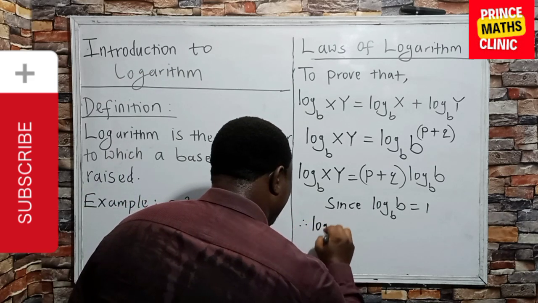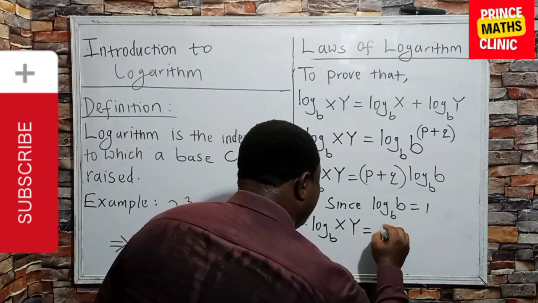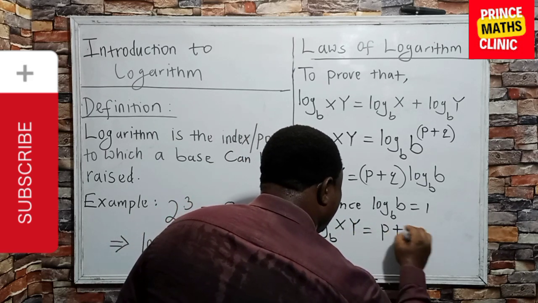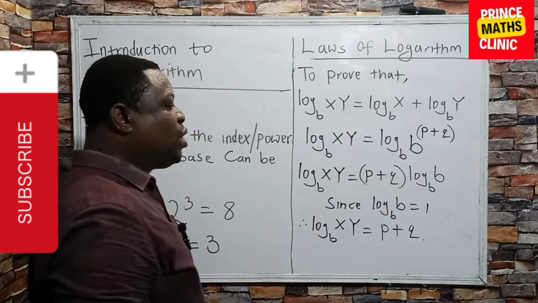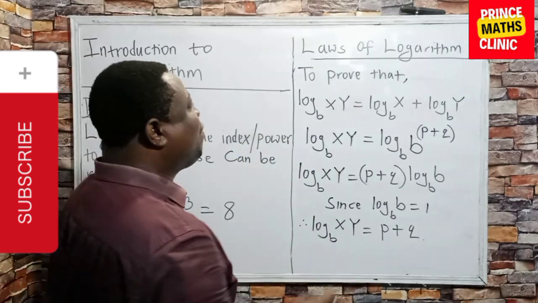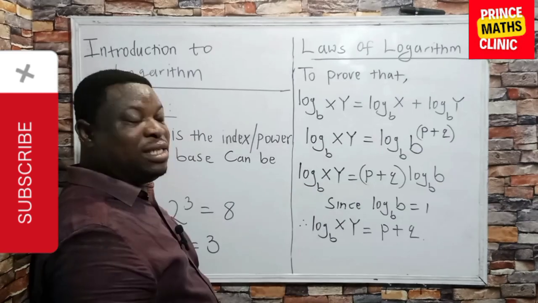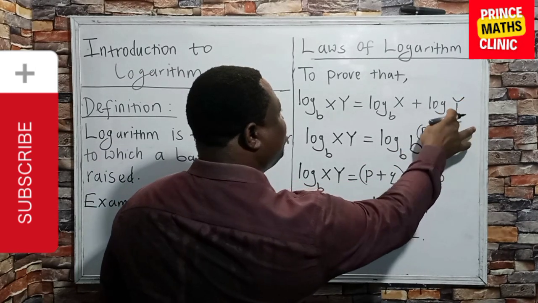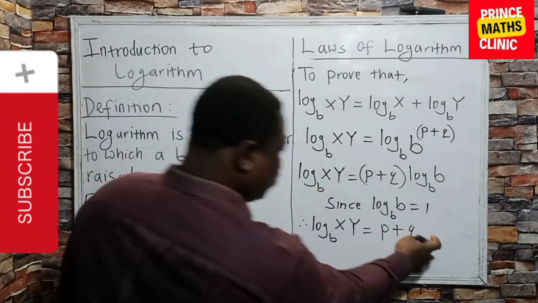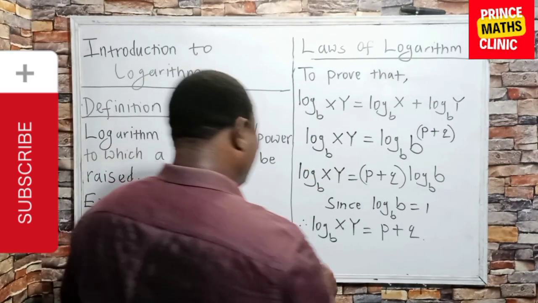Therefore, log xy base b is equal to just p plus q. Now, we have to recall that we let log x base b be equal to p, right? Good. And we said that let log y base b equal what? q. So I'm going to substitute them back into this.